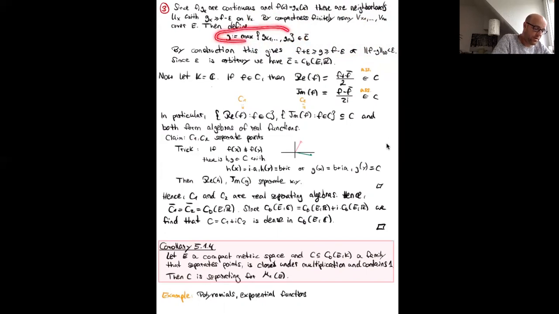So that's a function G in C bar, so that G is trapped between f plus epsilon and f minus epsilon. Or in other words, the supremum norm of the difference is smaller than epsilon. Since epsilon is arbitrary, or if you like, you take a sequence 1 over n, which gives you a sequence G_n.